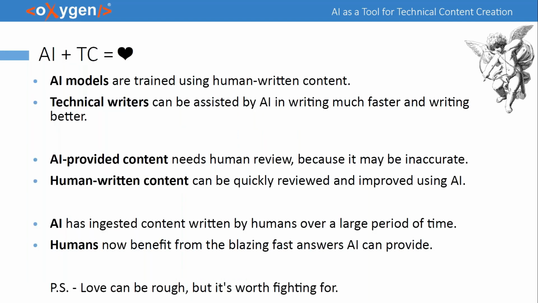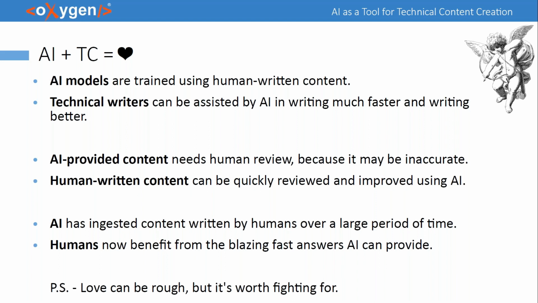Artificial intelligence and technical content, or rather human written content in general, are in quite a close relationship. Maybe we can say that they are in a complementary relationship in a way.